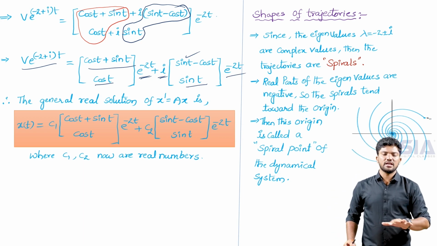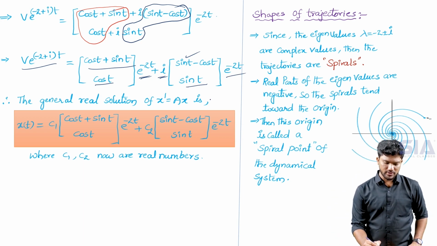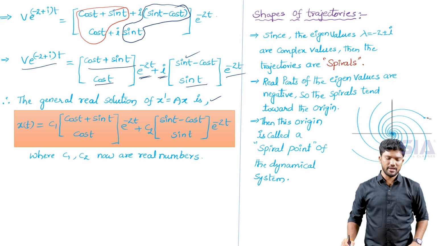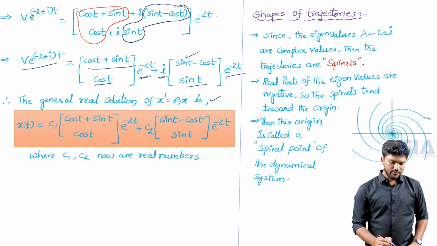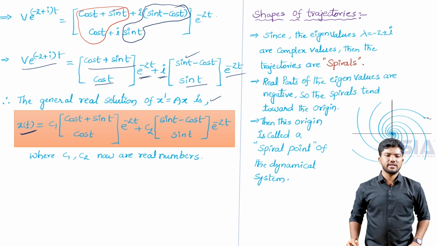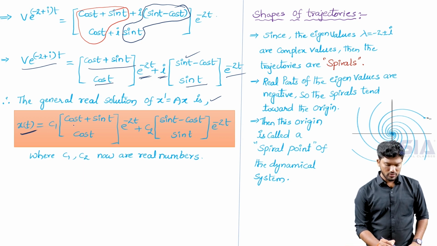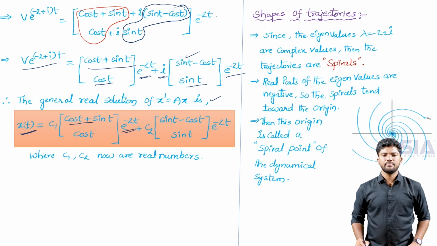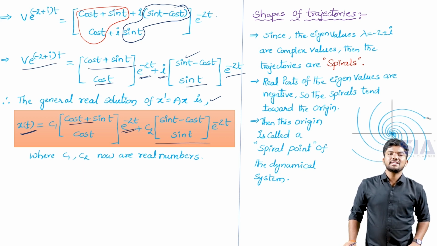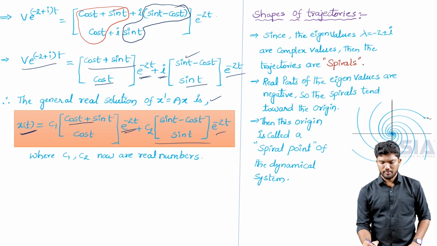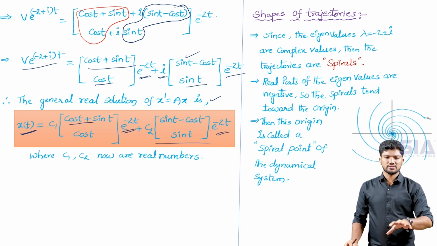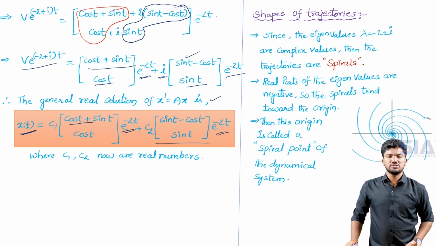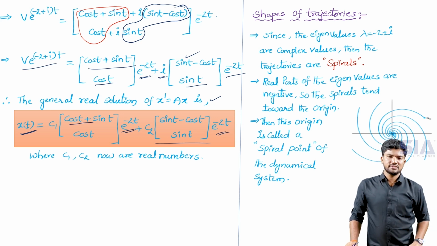So therefore the general real solution of x dash equal to Ax is given by, we can write in this format, x of t is equal to c1 into cos t plus sin t, cos t into exponential power minus 2t, plus c2 into sin t minus cos t, sin t into exponential power minus 2t. So this is called the real general solution of the given dynamical system.